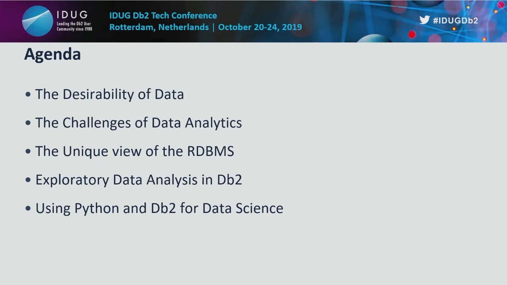And lastly, much as I'd love to say that we could do everything in Db2, we can't. The reality is that a lot of the work will happen outside of Db2 in another tool. So I just wanted to introduce a little bit about how Db2 can interact with Python, as Python in the last few years has very much become the language for data scientists.